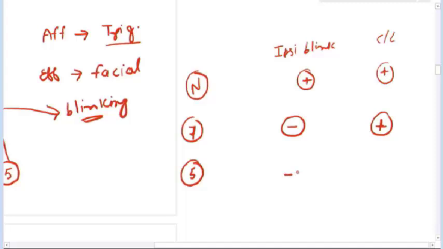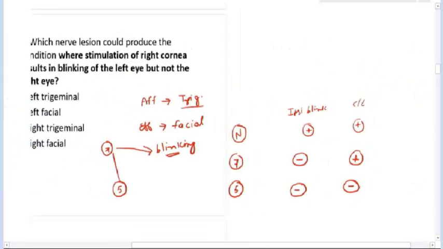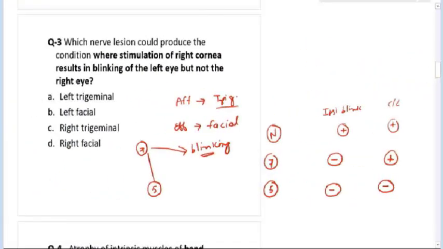If afferent is gone, there is no question of ipsilateral and contralateral, it will be absent. So coming to our question, it is asking about the right cornea stimulation resulting in blinking of left eye but not right eye. So right eye it is absent and left eye it is present. So right sided facial nerve is gone.